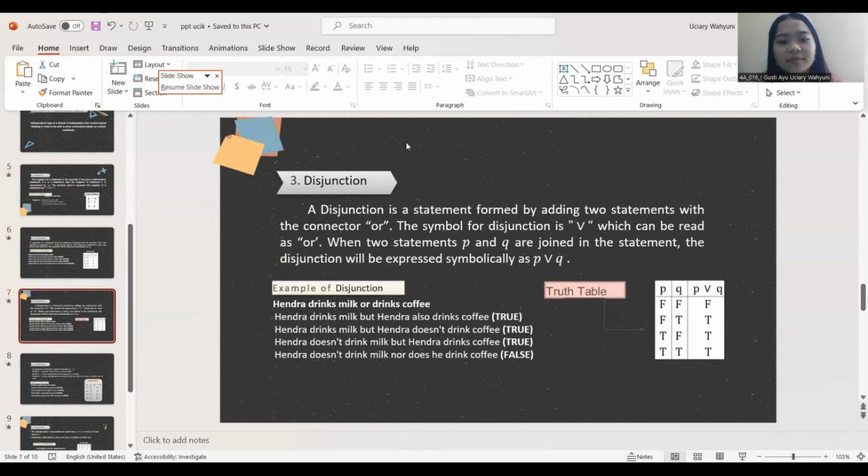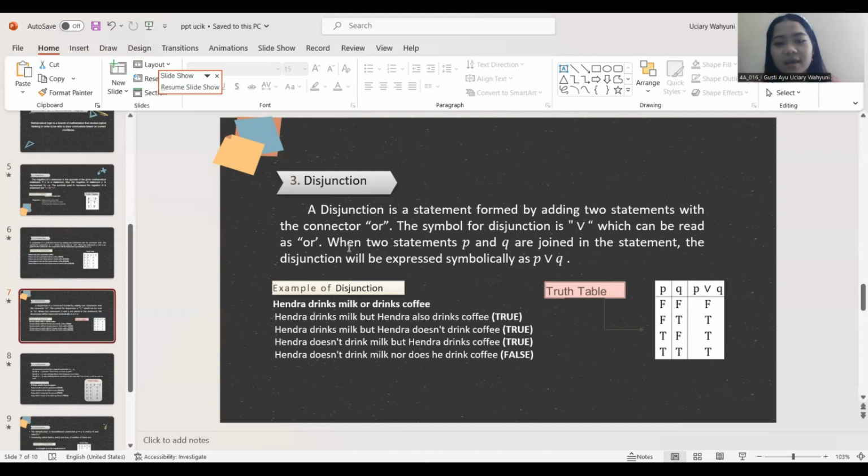Okay, now about disjunction. A disjunction is a statement formed by joining two statements with the connector or. The symbol for disjunction is V, as you can see on screen, which can be read as or.